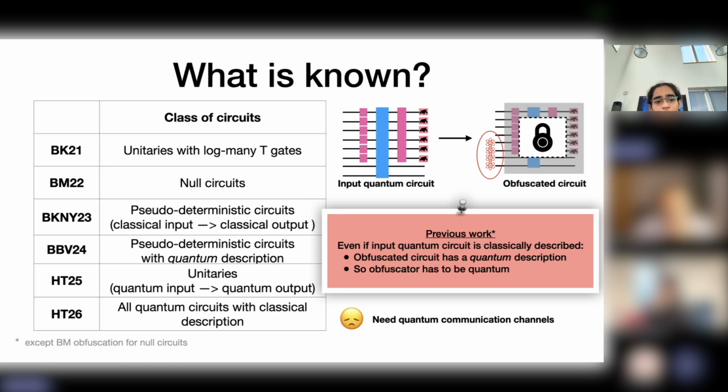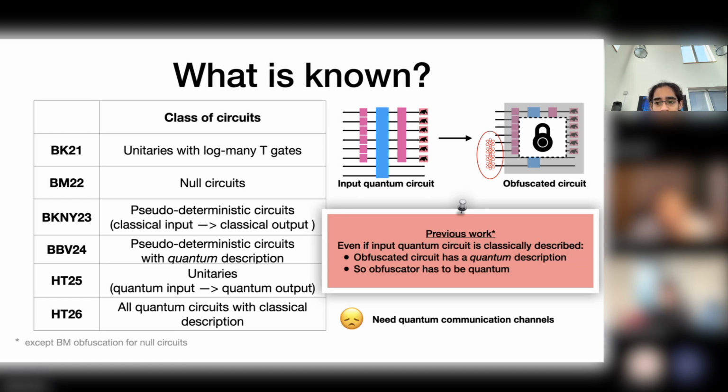Okay, so BM only obfuscated null circuits. We get the more expressive class, pseudo-deterministic circuits. But BKNY already do that. The only difference is that their obfuscation was quantum. So the obfuscating algorithm has to be quantum. I see. So BM was outputting something classical, but not for the full class of pseudo-deterministic quantum circuits. Yeah. And BKNY still outputted something quantum. I see.